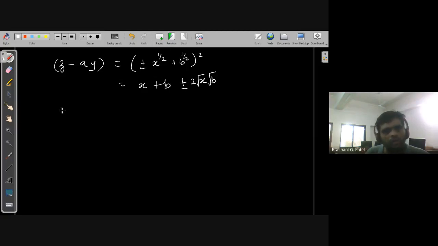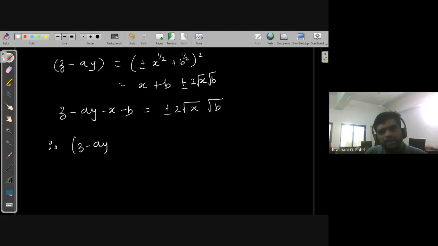These two quantities I am taking to the other side, that is z minus ay minus x minus b equal to plus or minus 2 times square root of x square root of b. Take the square on both sides. We'll have z minus ay minus x minus b whole square equal to 4 times x into b. The plus or minus is gone now. So this is a complete integral.